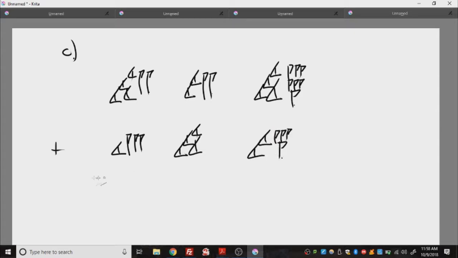All right. Let's see how this goes. Right to left, we have 47 plus 24. 71. 71 is one group of 60 and 11 left over.